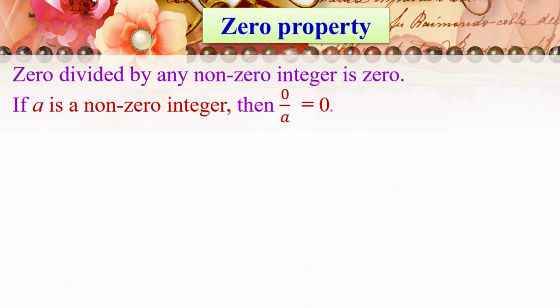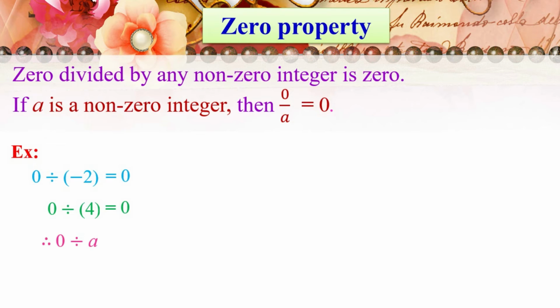Let's see the zero property. 0 divided by any non-zero integer is 0. If a is a non-zero integer, then 0 divided by a is equal to 0. Let's see the example. 0 divided by minus 2, we get 0. Let's see another example. 0 divided by 4, we get 0.